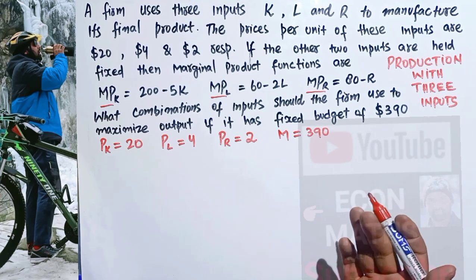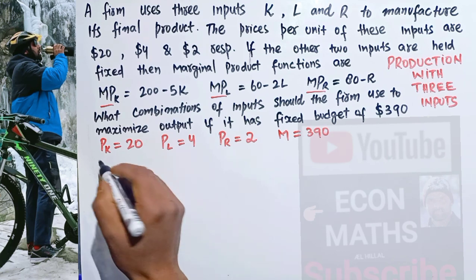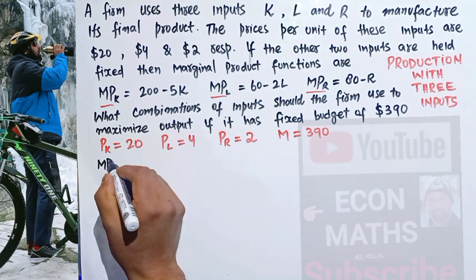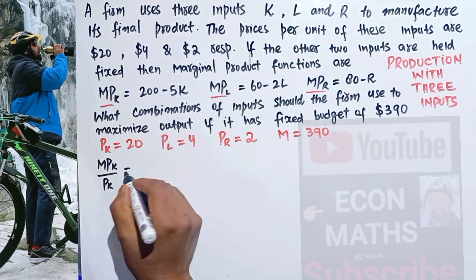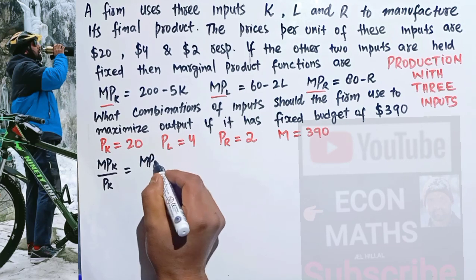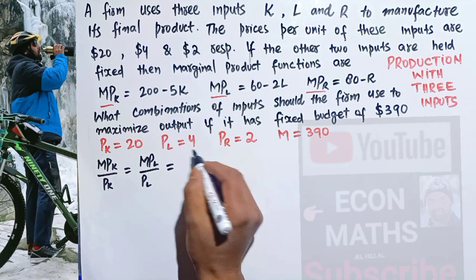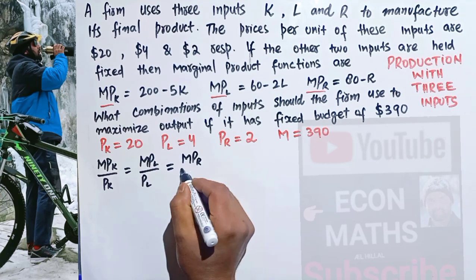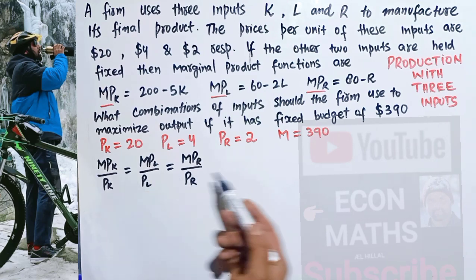So optimal input determination requires that marginal product of capital upon price of capital should be equal to marginal product of labor upon price of labor, should be equal to marginal product of R, the other input, upon price of R. What does this tell us?